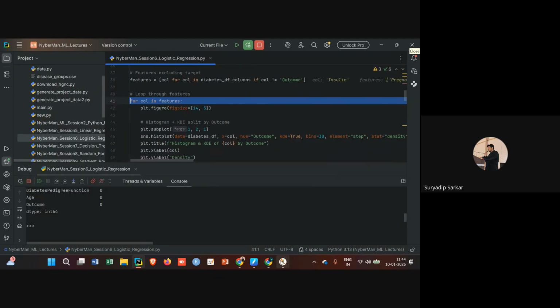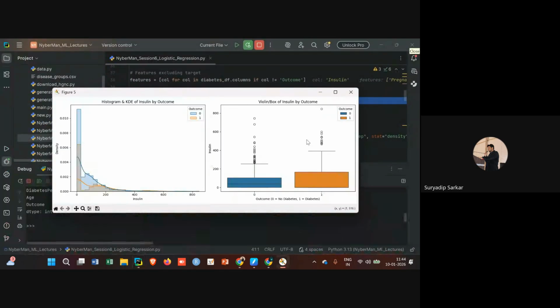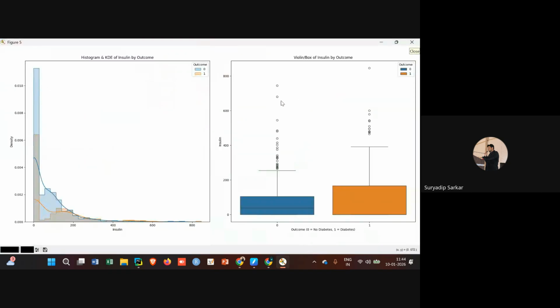Okay. This next feature is the insulin feature. As you can see, and this is very surprising to us, we always associate insulin with diabetes, right? So people take insulin if they have diabetes, right?